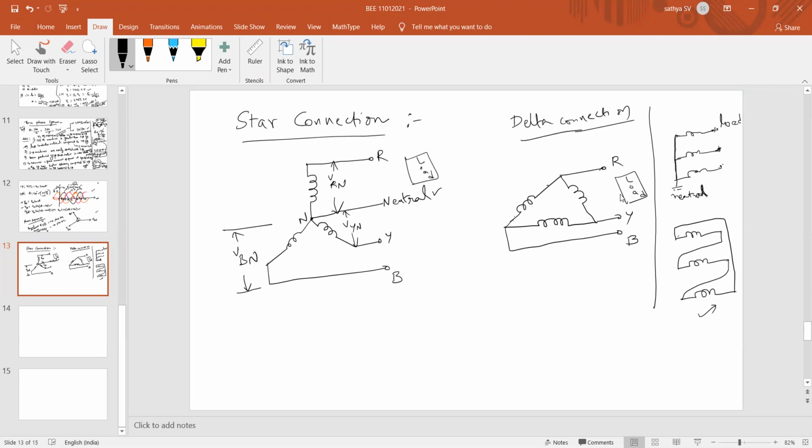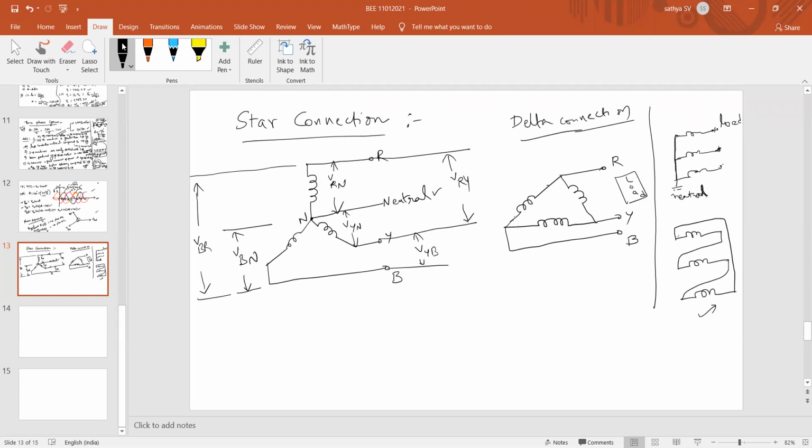And now between R and Y, I'm extending VRY, and between Y and B, VYB, and between B and R, shall I call that VBR or VRB? Understand up to this how I am representing the voltages?